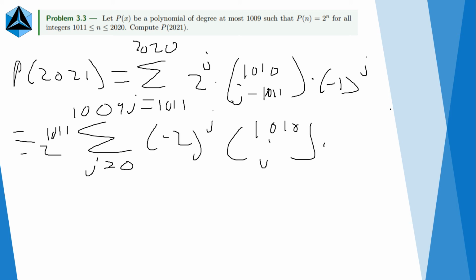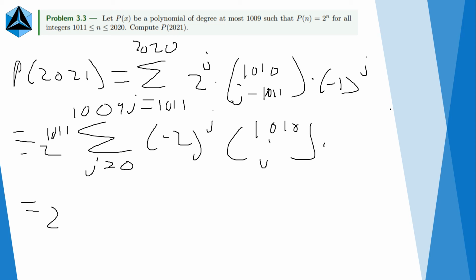We're left with the sum from j equals 0 to 1009 of -2 to the power of j times 1010 choose j. So this is quite close to the binomial theorem, which would be the sum from j equals 0 to 1010 of -2 to the j times 1010 choose j. All we have to do is account for the j equals 1010 term.